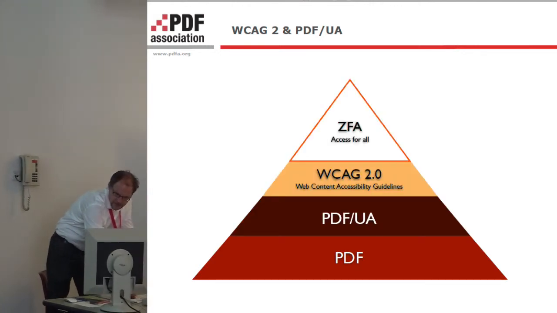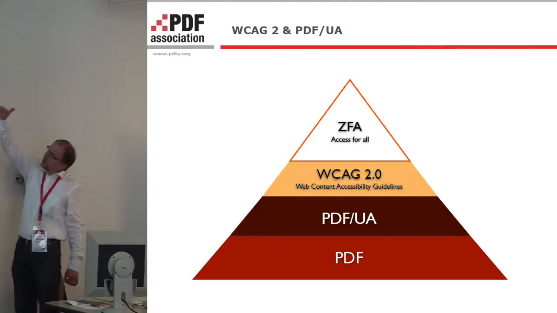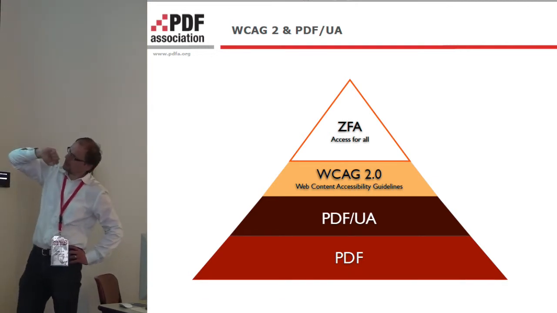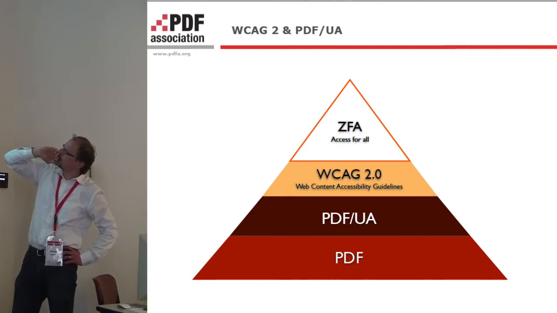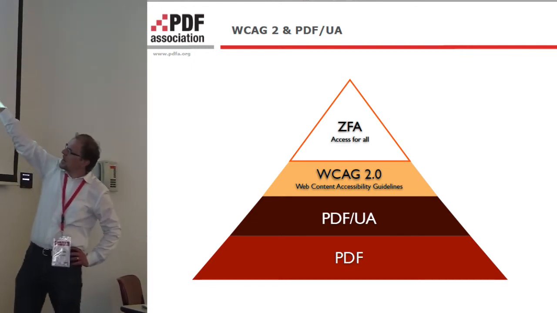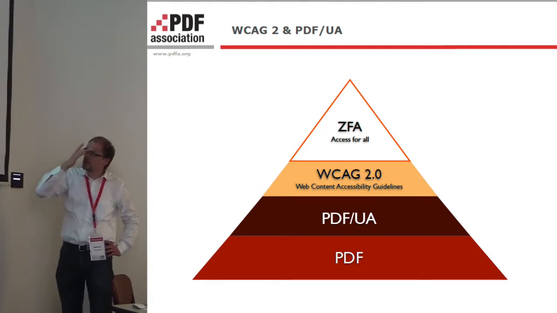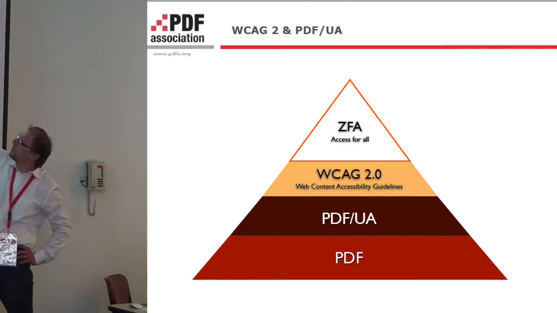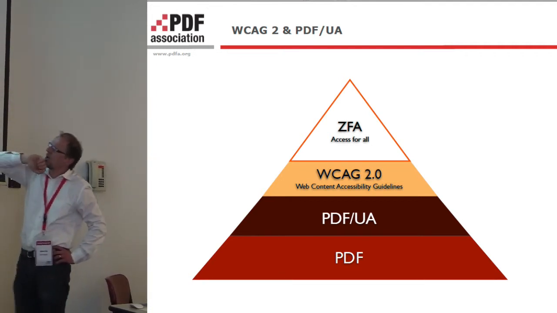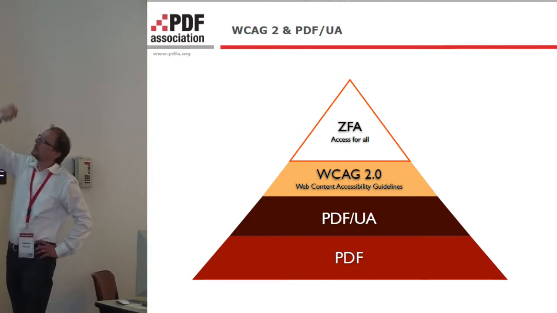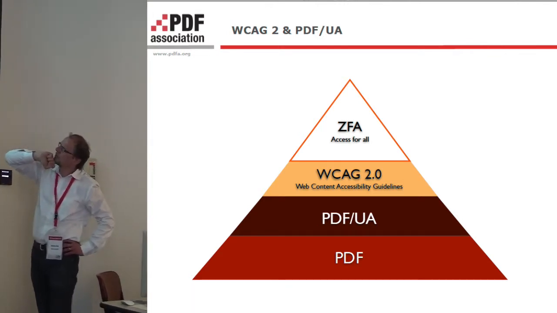In another perspective, there are several quality levels, let me say so. The fundamental is PDF itself, then PDF UA, and on top there are a lot of requirements. They belong to PDF UA and to WCAG 2, but there are some requirements that are not part of PDF UA, that are part of WCAG 2.